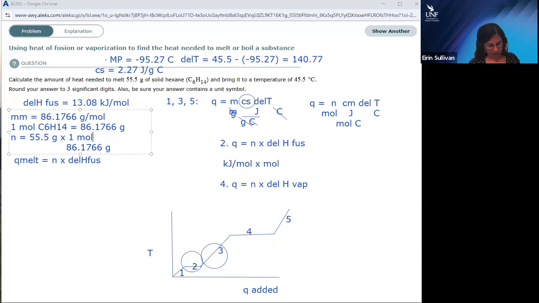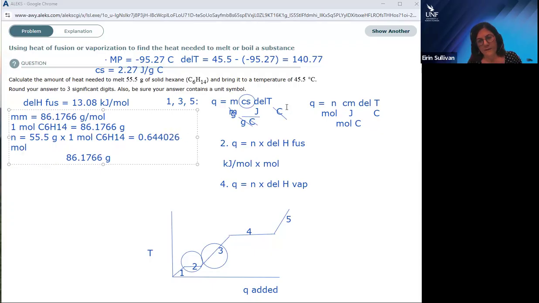If you write an equivalency, then a unit conversion factor, your units are going to be correct, because I'm going to end up with units of moles of hexane. That's 55.5 divided by 86.1766, which is 0.644026 and so on. I'm going to leave quite a few sig figs there, that's fine.